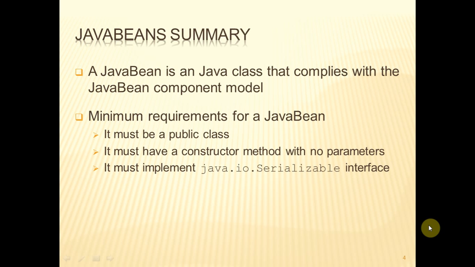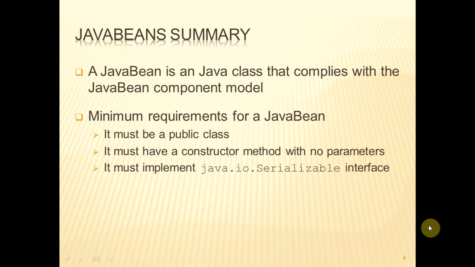And for it to comply, it must be a public class. It must have a constructor with no parameters, in other words, a default constructor. And it must also implement the java.io.serializable interface.